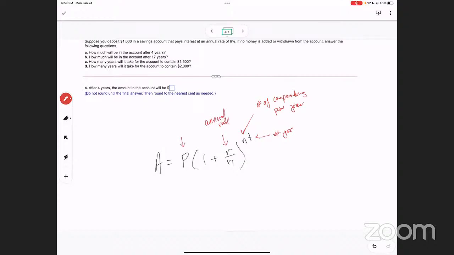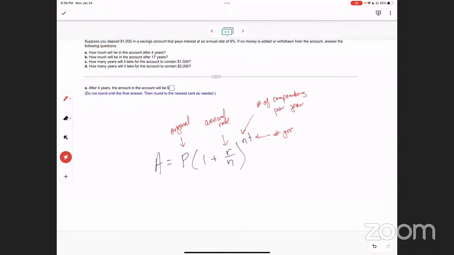P is the original amount. So what's different is that this example is not talking about compounding other than just once a year. But think about what a bank does.